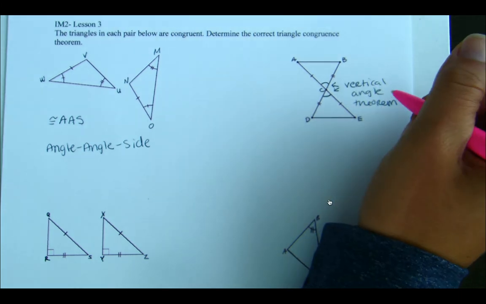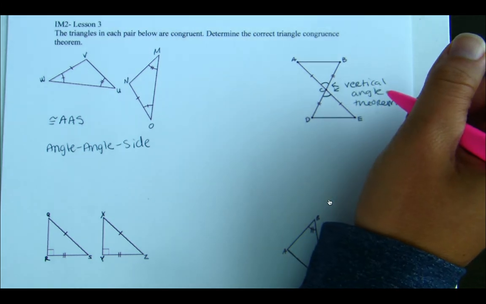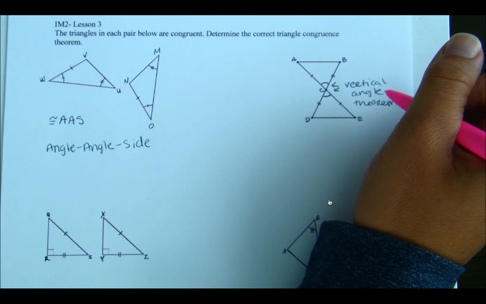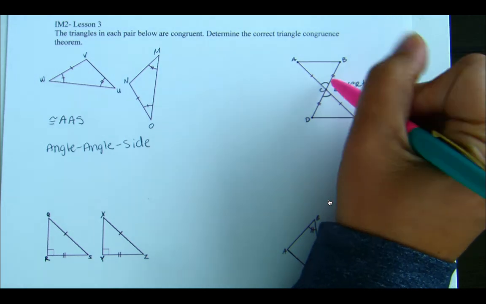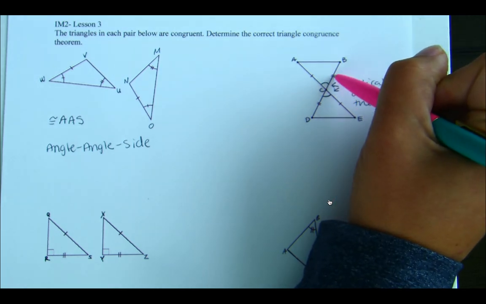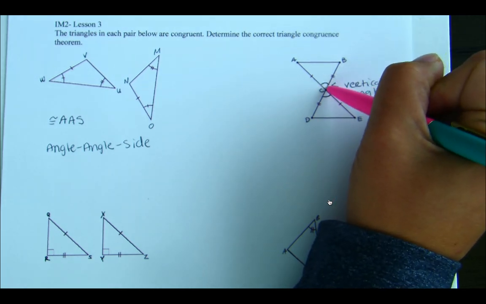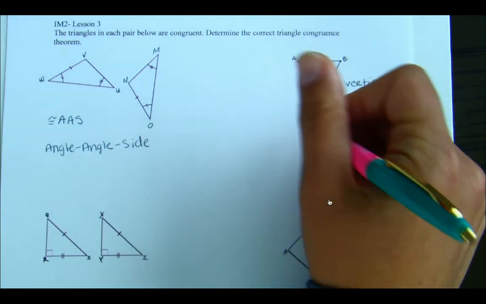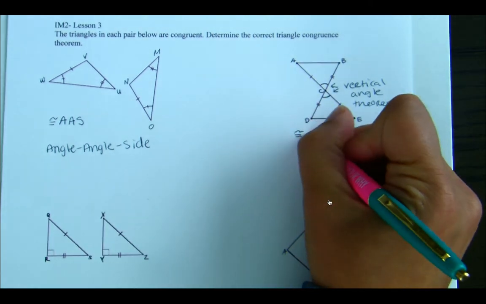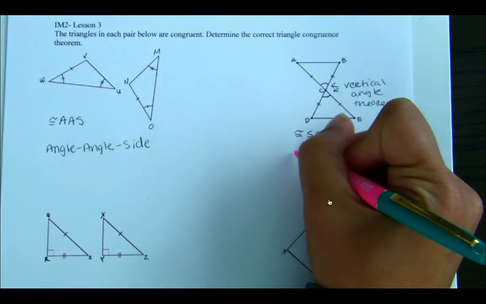So not everything is always going to be given, but we can infer things based on some of our previous theorems that we've had. So for here, I have a side next to an angle, next to a side. So I can conclude that they're congruent by side, angle, side.